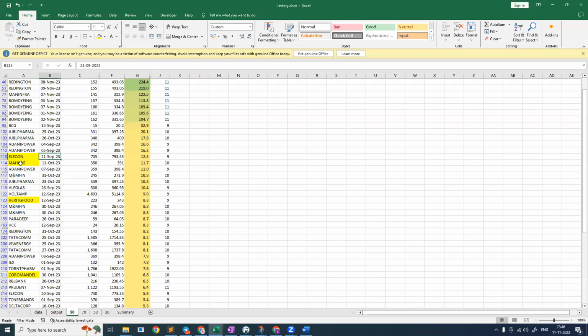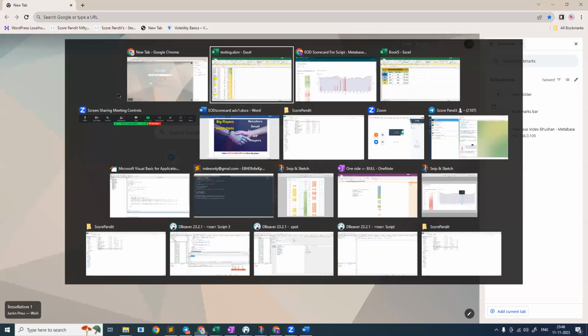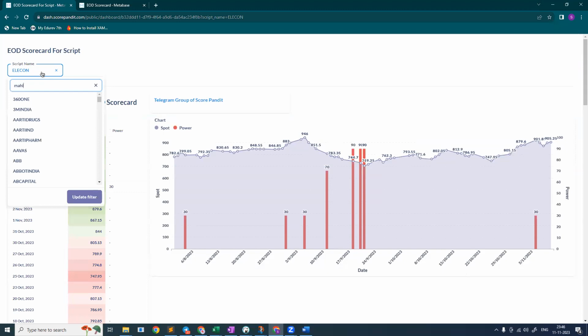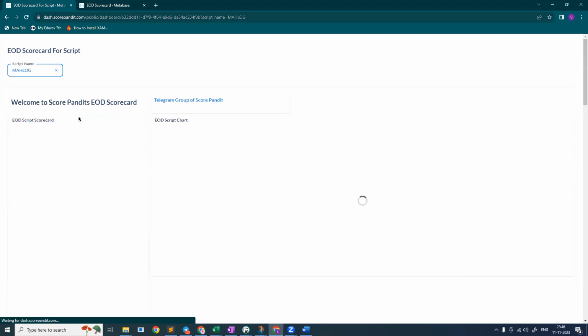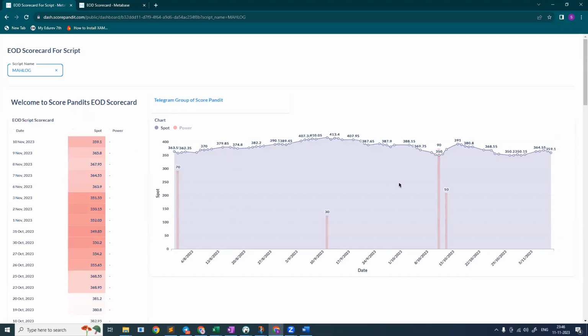Now talking about another example, Mahalo, 11th October, we had a score of 90 at a price of 350 and it jumped to 391. Let's see. I will just go to Mahalo. Okay, great. We see here 90 score coming in a big bar. It was around 350. Let's see the performance. Oh, great.